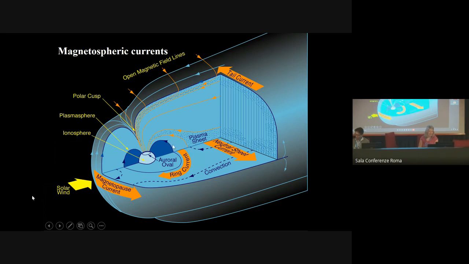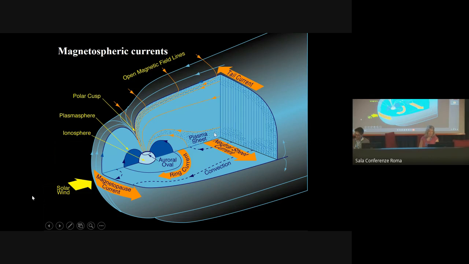And then it creates a lower magnetic field intensity, and especially the horizontal component that is measured at the surface of the Earth is then lower. And thus that allows us to give the geomagnetic indices, and especially for the ring current, the Dst, disturbed storm time index.